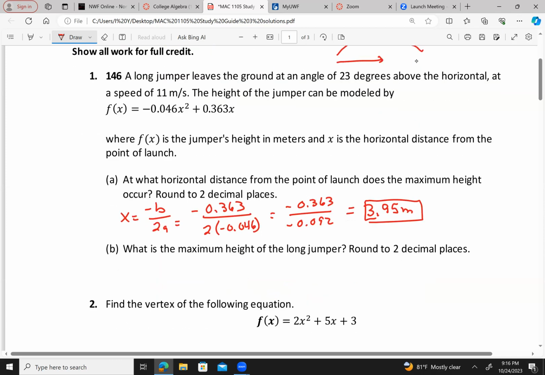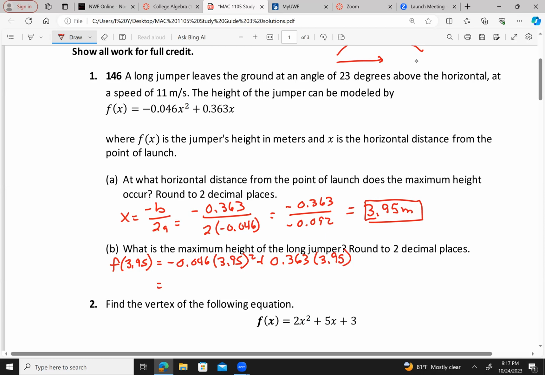Okay, now we want to know what is the maximum height of the long jumper, and again rounding to 2 decimal places. So in this case, we're looking for f of 3.95, which is negative 0.046 times 3.95 squared plus 0.363 times 3.95.